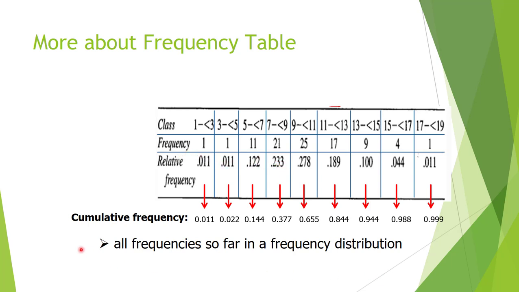So I will give you a definition of cumulative frequency. Cumulative frequency is all frequencies so far. So far means, for example here, so far up to energy consumption of 5. How many homes have I had so far? So what you're going to do is add these 2 relative frequencies together.